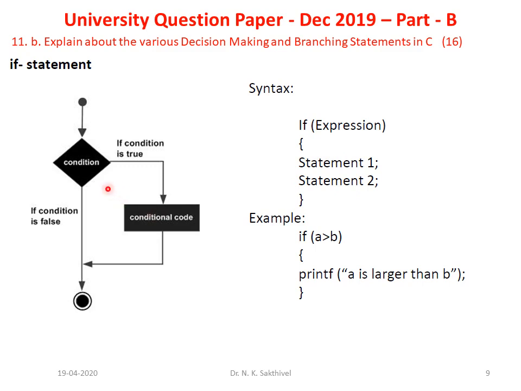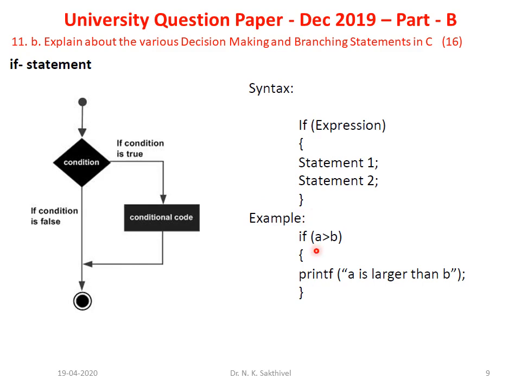Let us consider if the condition becomes false, then the conditional code, that means the block, won't be executed. Straight away it will come to the next instruction after the block. For example, see here, the expression becomes false, it won't go to this block, the control will come down here, and whatever instructions are there will be executed.